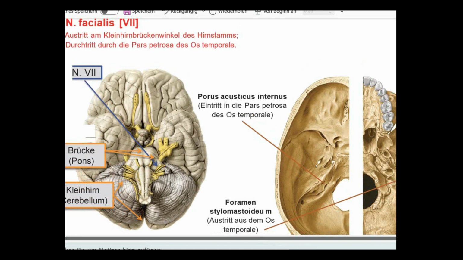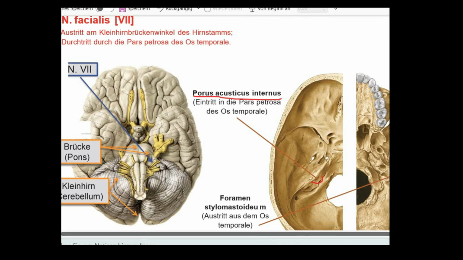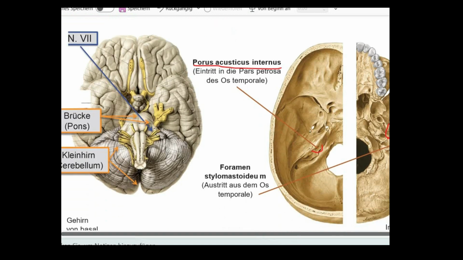And then there is an exit from the cranial bone, the stylomastoid foramen. It is also an exit from the temporal bone, and here this process is called the styloid process, and then of course this foramen is called the stylomastoid foramen, and the main function is the facial muscles. It's motor.